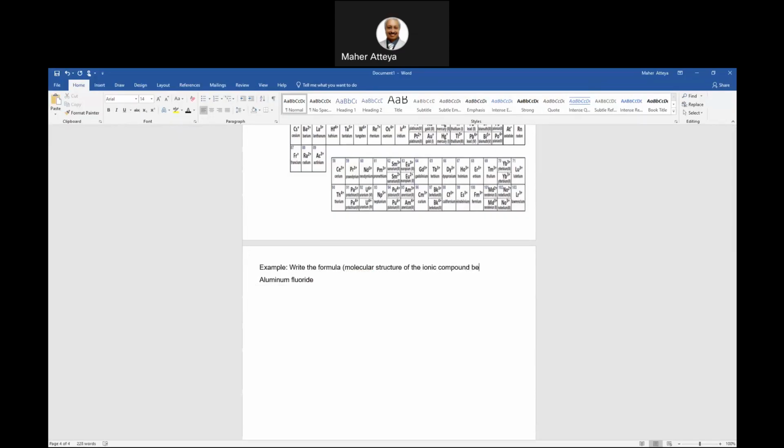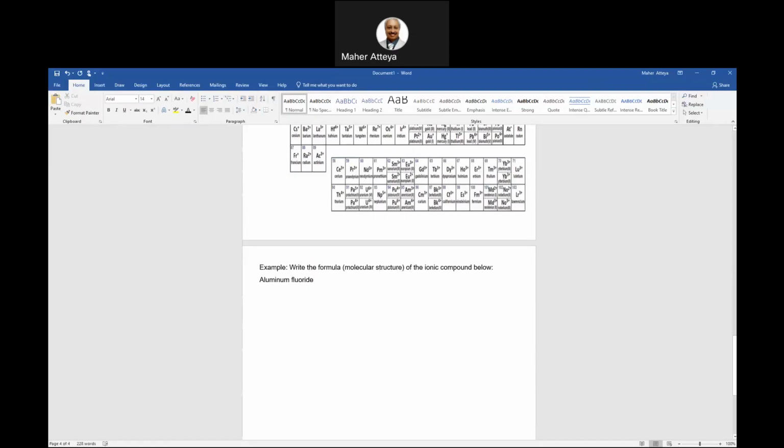So we have aluminum fluoride. How do you write the structure of aluminum fluoride? Well, in a case like this, I have to put them like this.